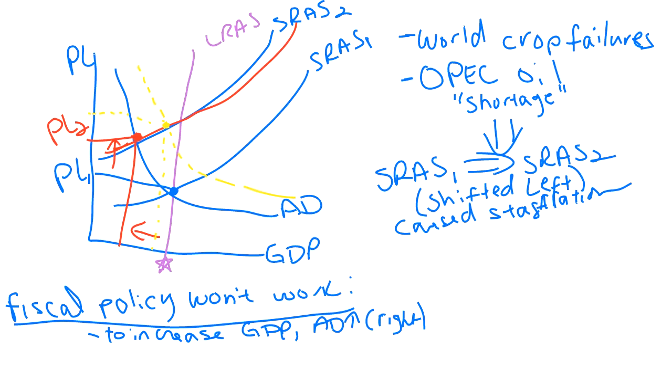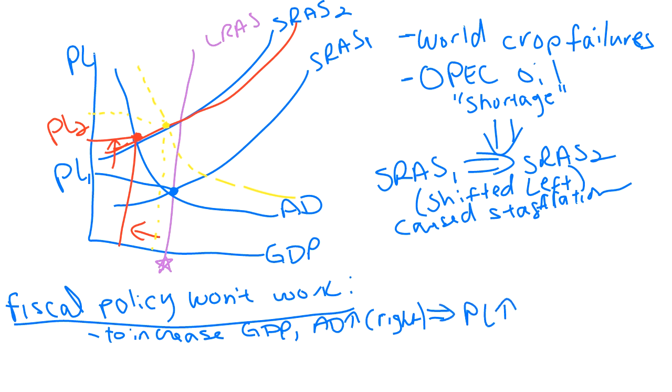Look right here at prices. They're going to go up even more. That is definitely going to cause a problem. So if aggregate demand shifts to the right, the price level also goes up.